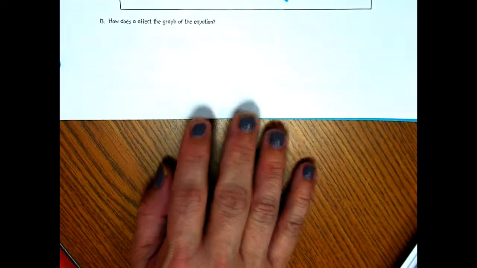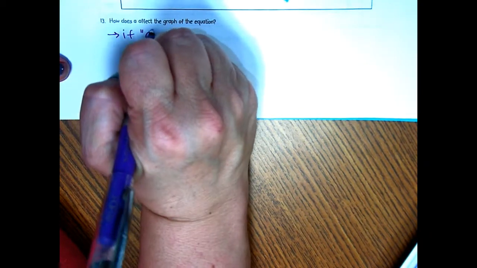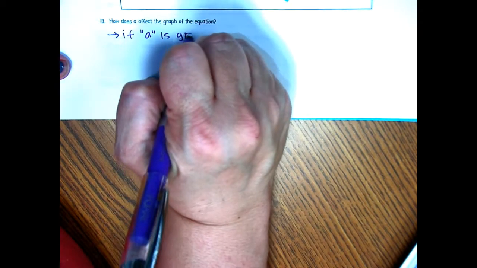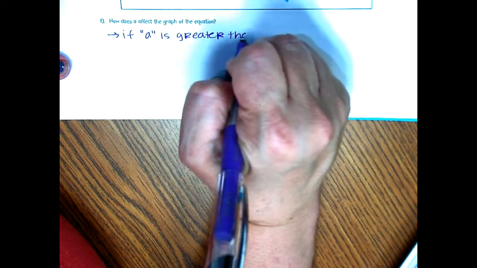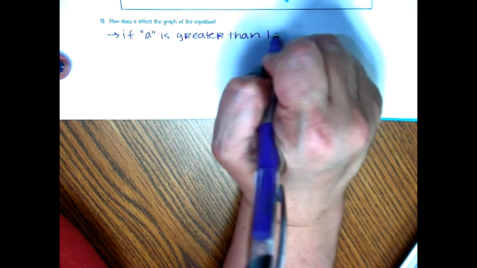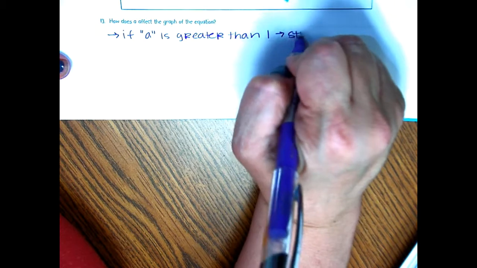So the effect A has on the graph: if A is greater than 1, you get a stretch.